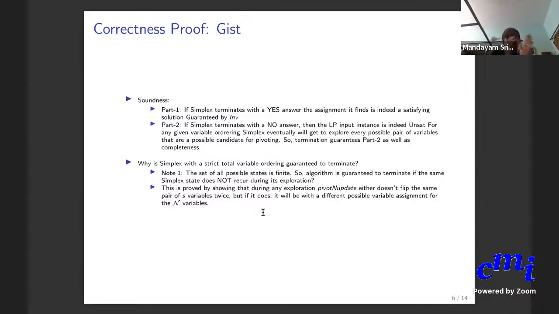The main thing is that there are only finitely many possible states that simplex explores, because every solution is within those finite possibilities, and that as it explores, it never loops back to the same state. Those two are the arguments that I give. Any questions?